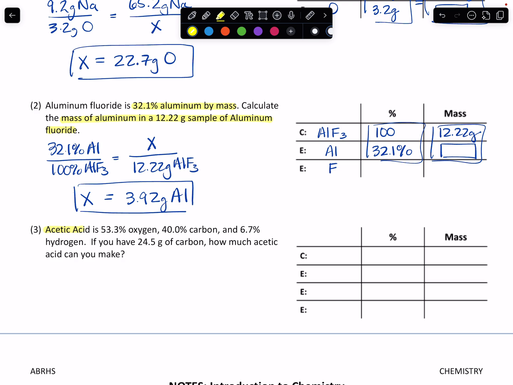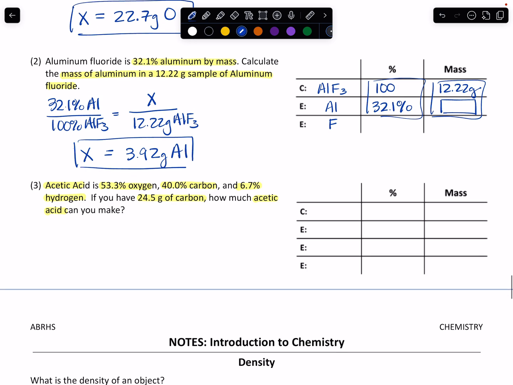Right here we have acetic acid. It's 53.3% oxygen, 40% carbon, and 6.7% hydrogen. If you have 24.5 grams of carbon, how much acetic acid can we make? So our compound is acetic acid. It's comprised of oxygen, carbon, and hydrogen.